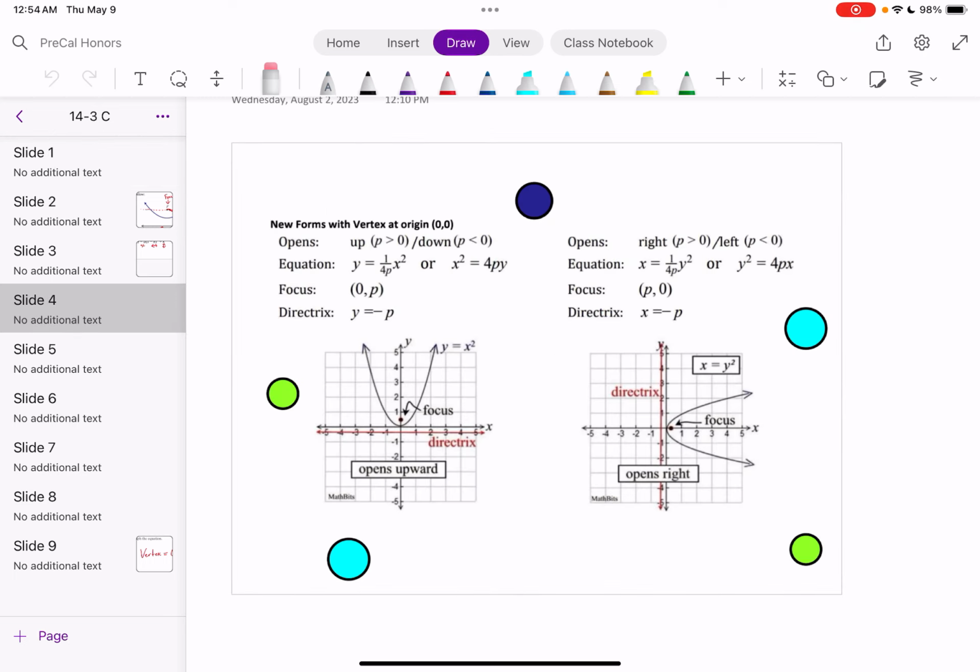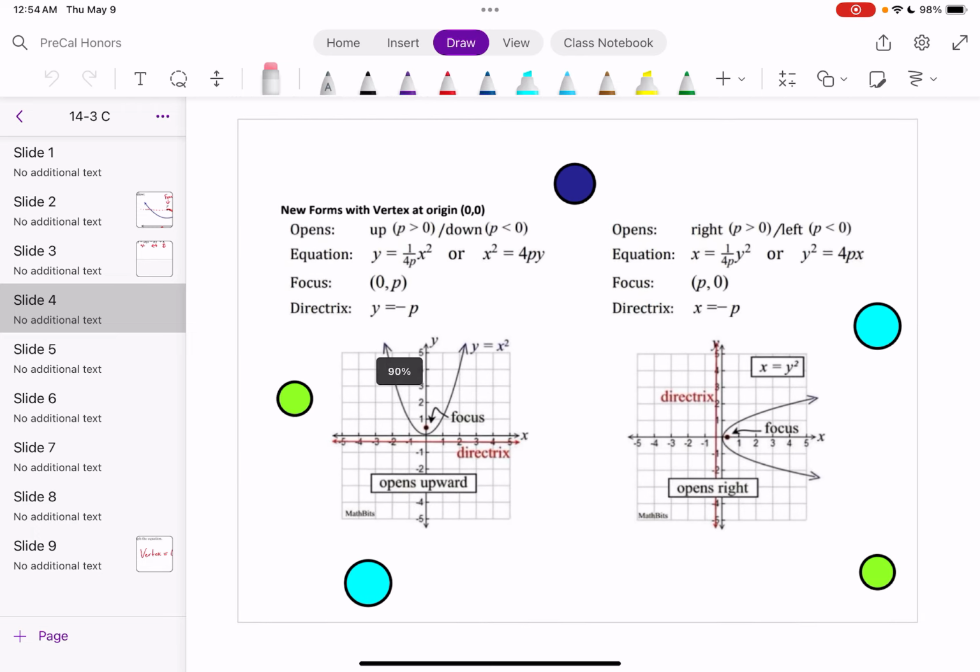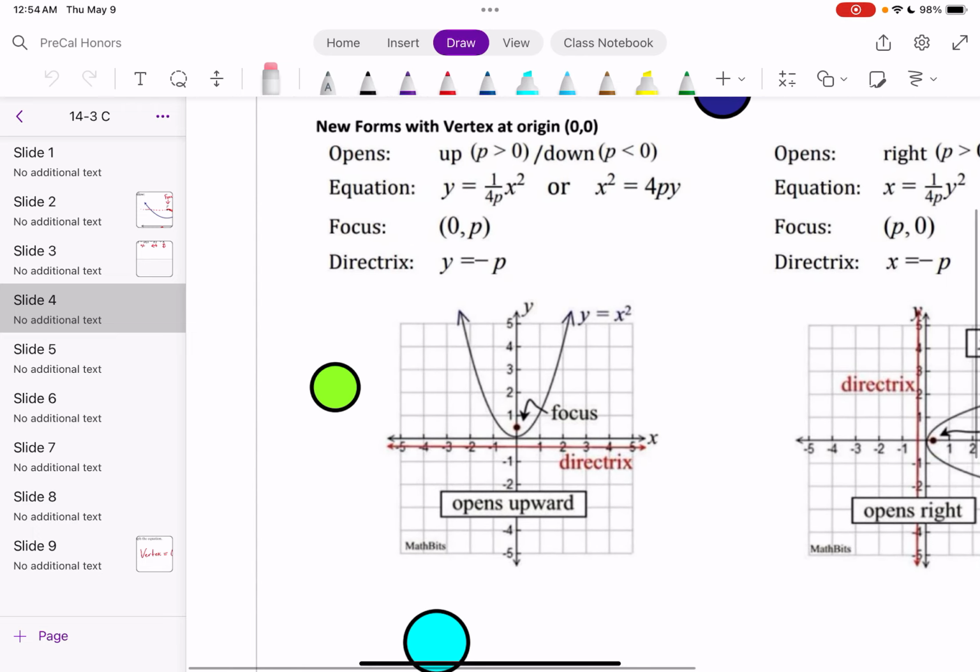In slide 4, this lays out all of our different equations that we are going to run into. We're going to begin with the left side equation. Here, we are going to be given two different types of equations. The first one is y is equal to 1/4p x squared, or you could also see it as x squared is equal to 4py.